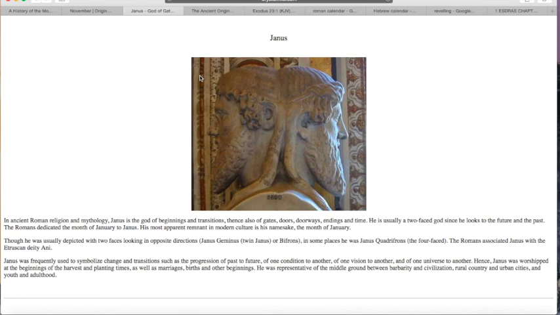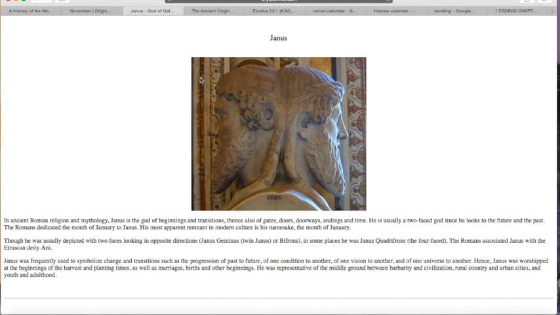But it says, though he was usually depicted with two faces looking in opposite directions, Janus, in some places, was Janus Quadrifrons, the four-faced. The Romans associated Janus with the Etruscan deity Ani. Janus was frequently used to symbolize change and transitions, such as the progression of past to future, of one condition to another, of one vision to another, and of one universe to another.